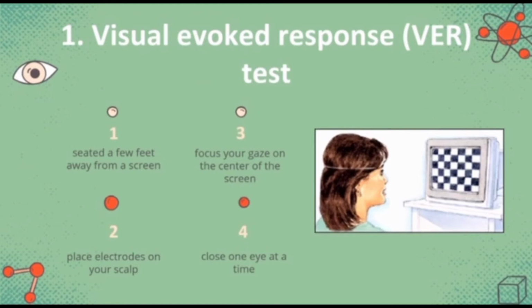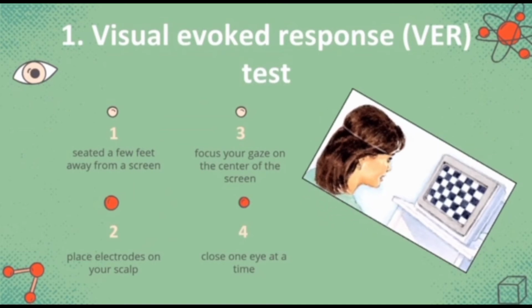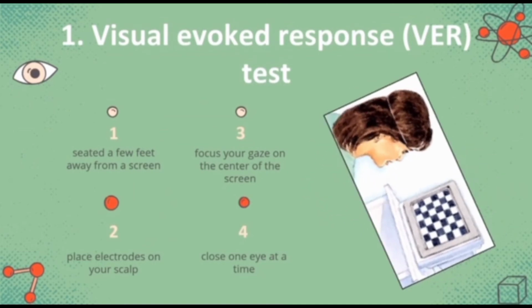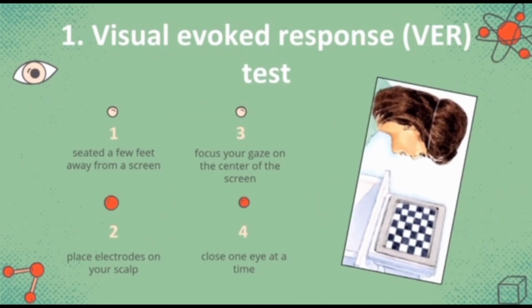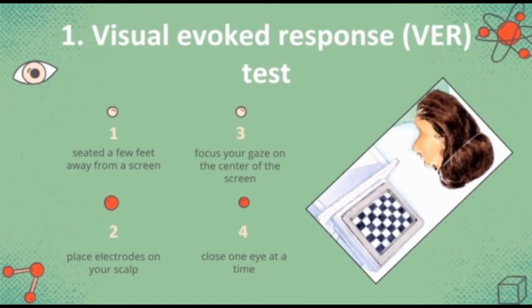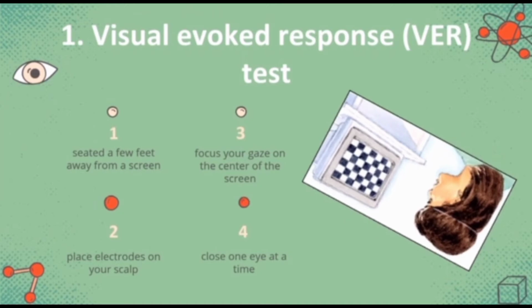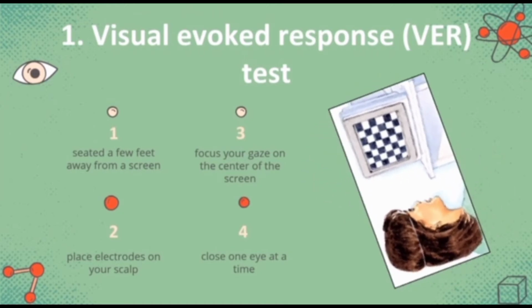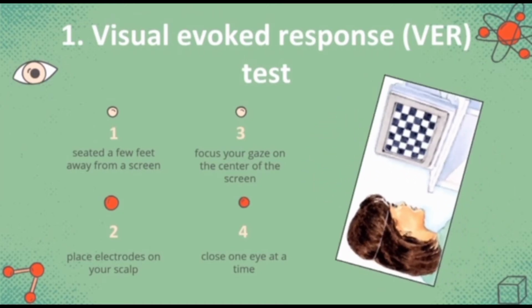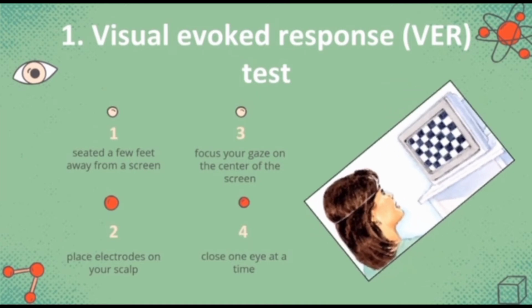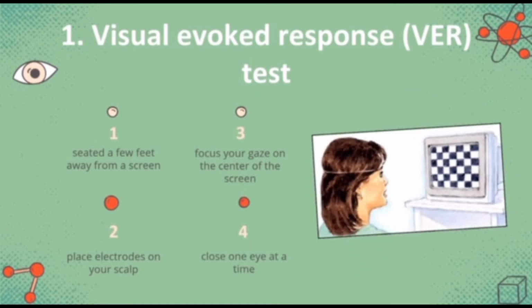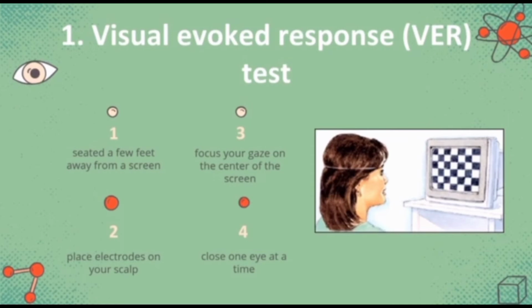First, you will be seated a few feet away from a screen. Second, a healthcare professional will place electrodes on your scalp over the areas of the brain. Third, you will be asked to focus your gaze on the center of the screen. Fourth, you will then be asked to close one eye at a time while the screen displays a checkerboard pattern.